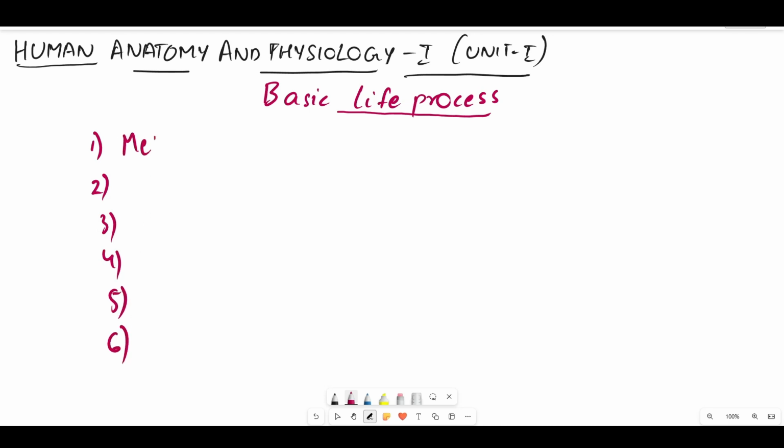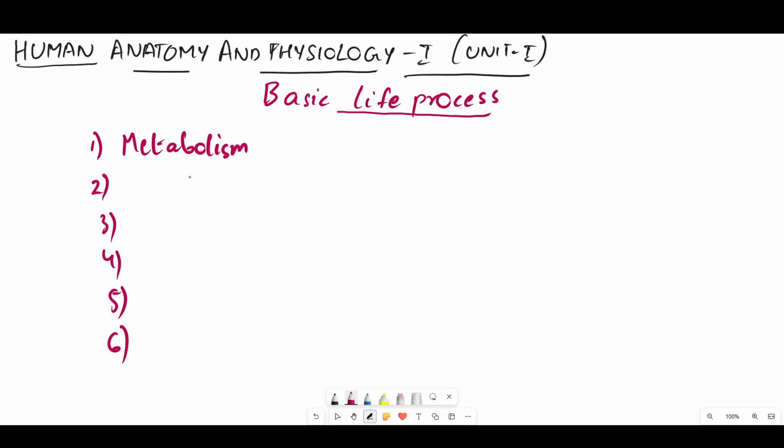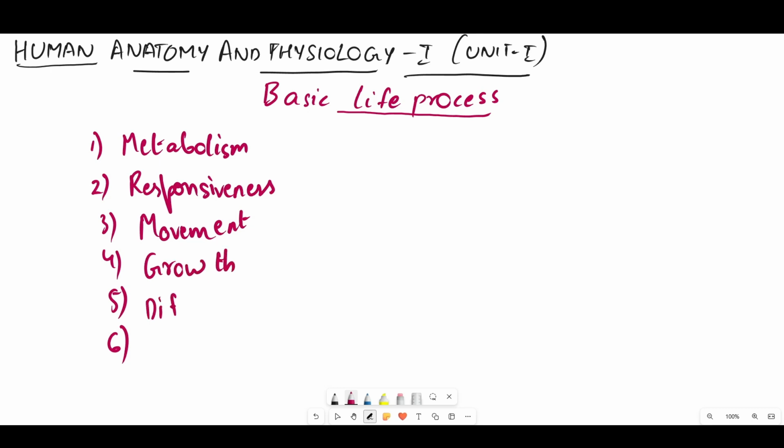The first one is metabolism, the second is responsiveness, then movement, growth, differentiation, and reproduction.